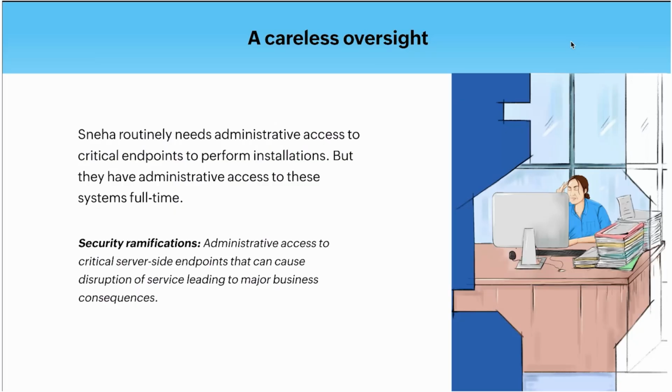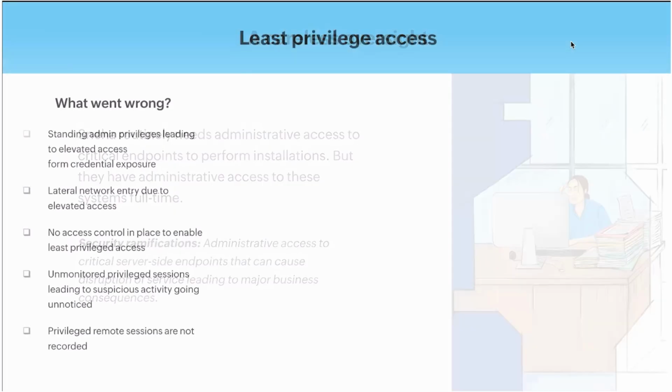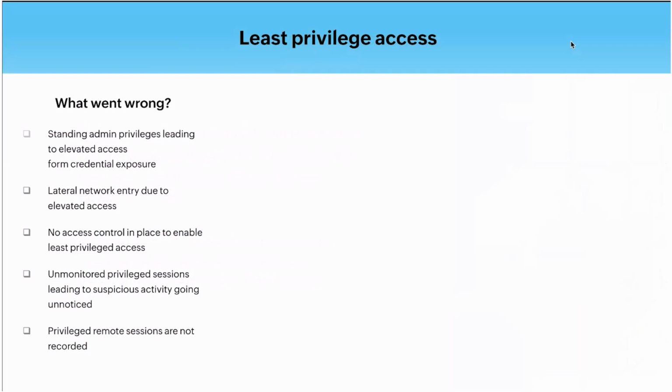So let's see what can go wrong here. Standing admin privileges to necessary endpoints can lead to credential exposure and hence business consequences, as we've already seen. Lateral entry into the network, because this gives them admin level access and hence elevated access across the network.